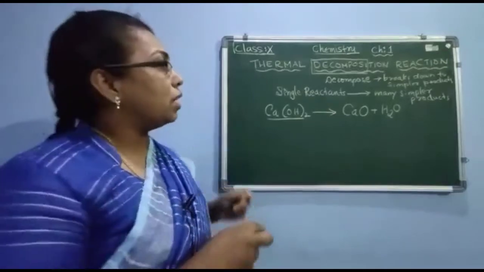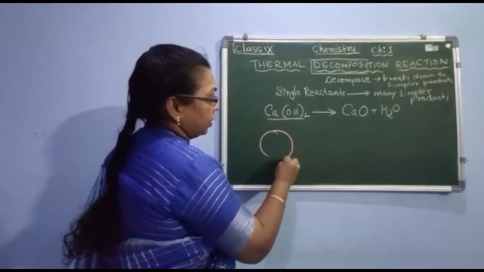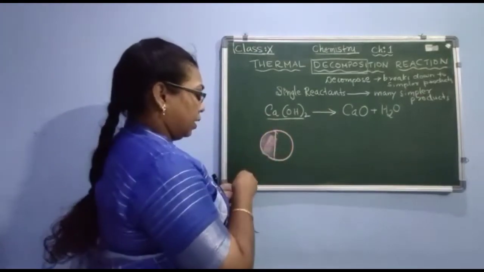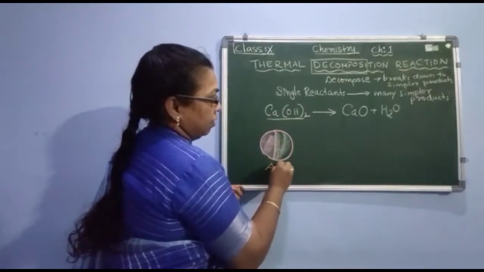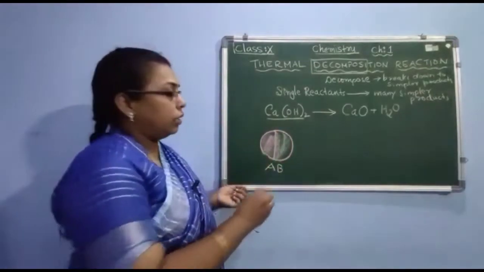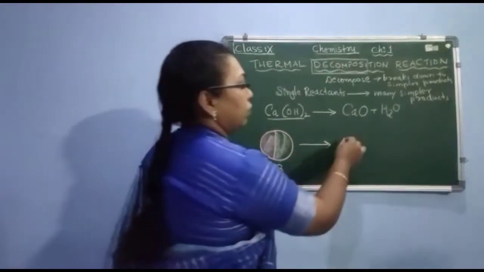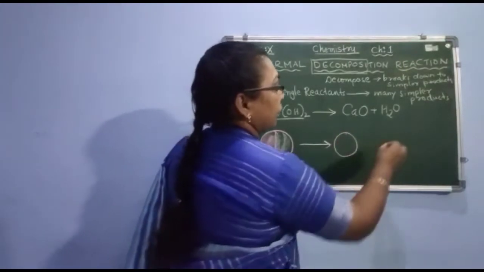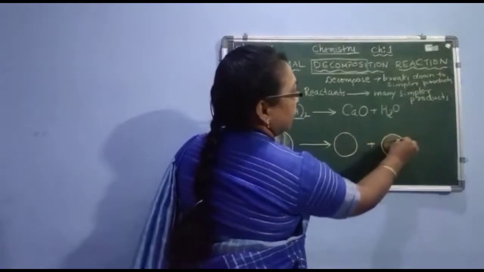Just see the general equation for that. Suppose I have the reactant AB. This is my reactant, and this reactant converts into two products. What are the two products?